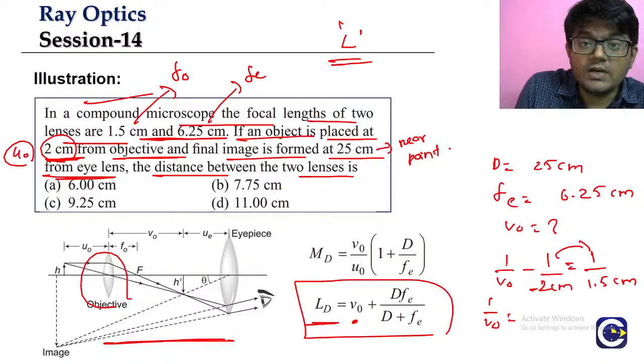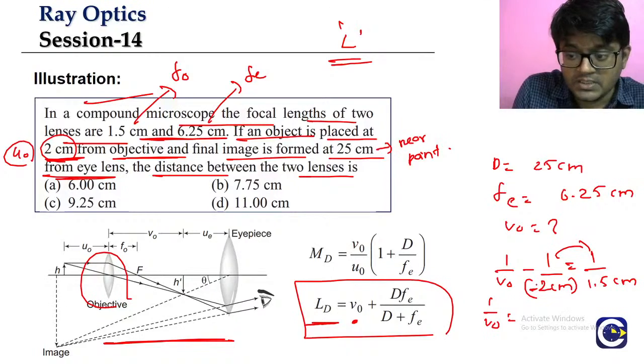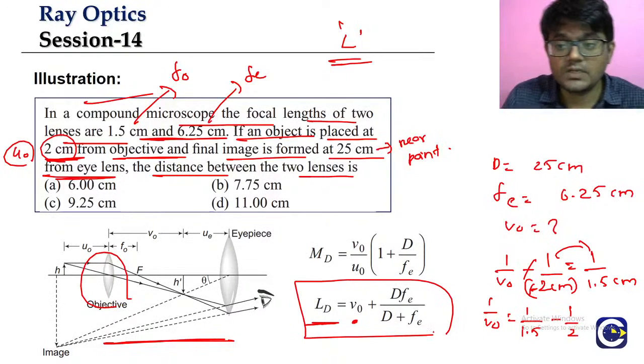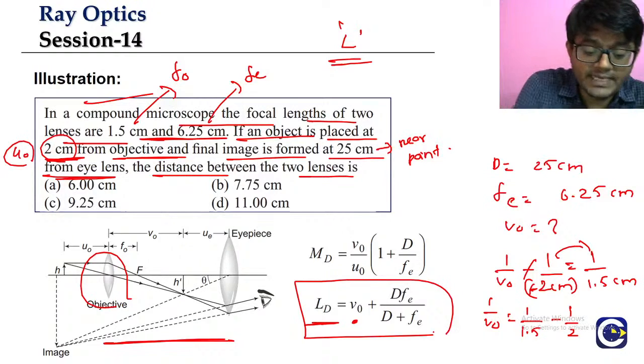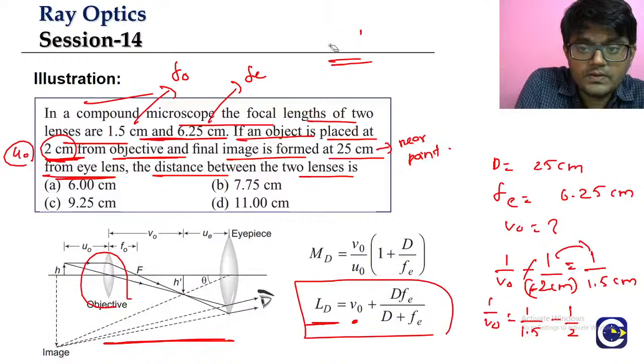Because 1 by V minus 1 by U, right? U should be taken as negative. So minus of minus becomes plus. So 1 by 1.5 minus 1 by 2. Solving this, we will get the VO value.